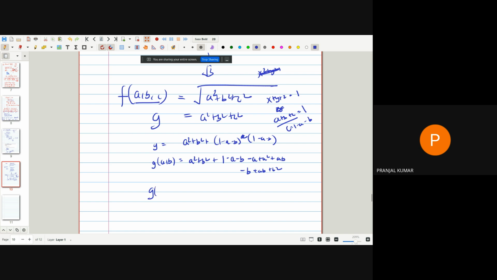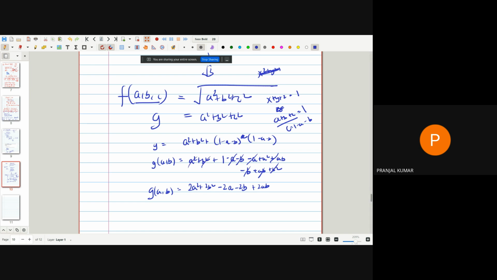So just simplify this now. So what you will get? There are 2a square plus 2b square. Then you have minus a minus a, so you will get minus 2a, minus 2b. Then you have plus 2ab.